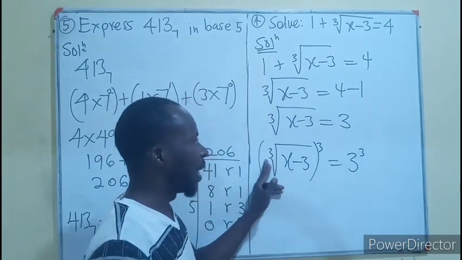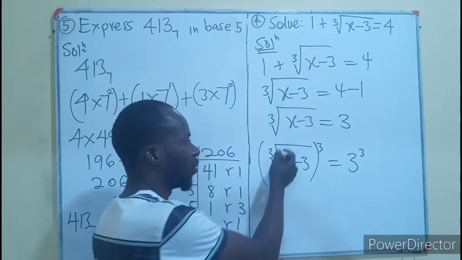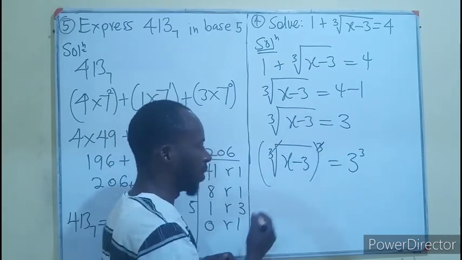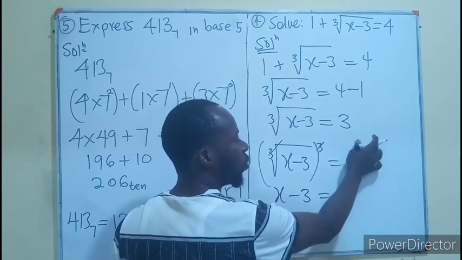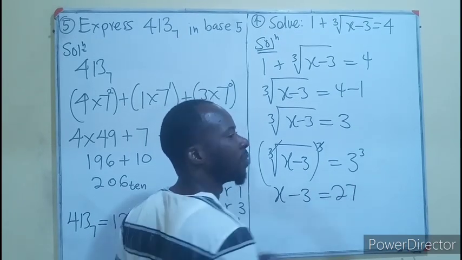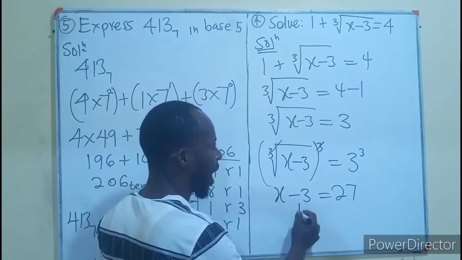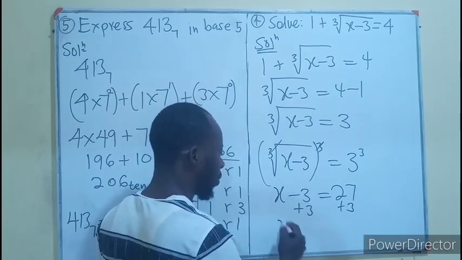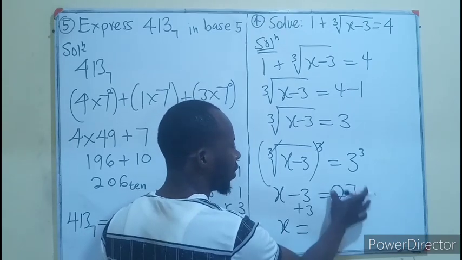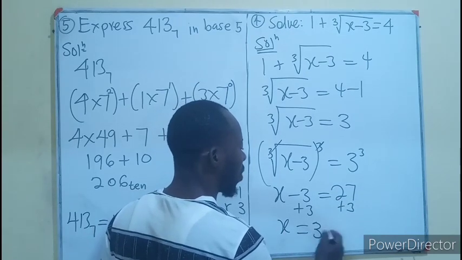We know this is a power of 1 over 3. So the cube root and the cube will cancel. We are left with x minus 3 equals 3 exponent 3, which will be 27. So we add 3 to both sides, and this will be 0. X will be equal to 27 plus 3.